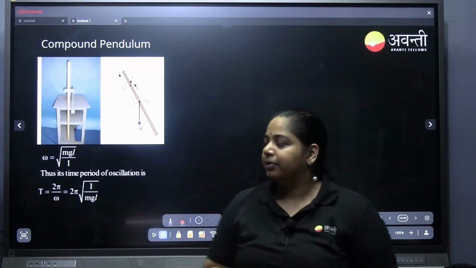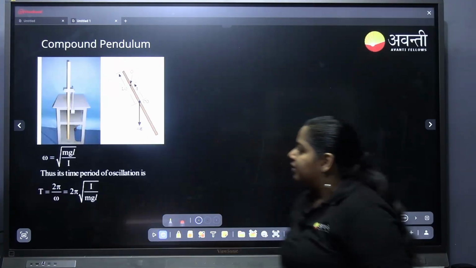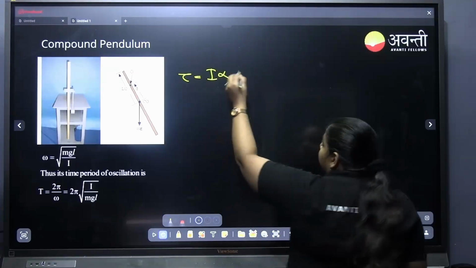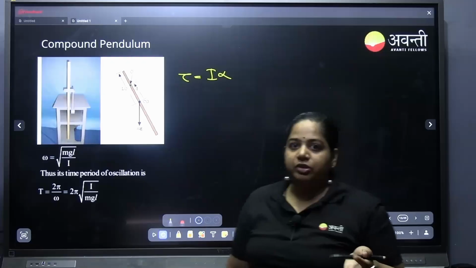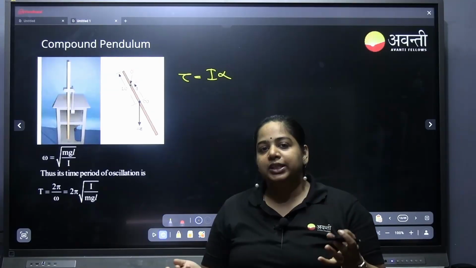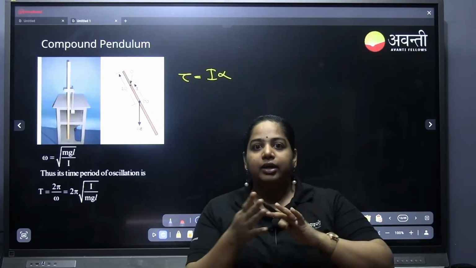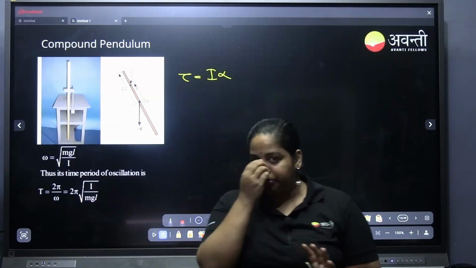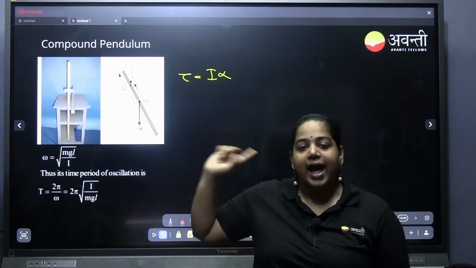It is not simple. In that case, we will just write torque equals I alpha. I we will not substitute, because for different objects and different axes, I will be different. That we know from the rotational motion chapter. I depends on the axis of the object.